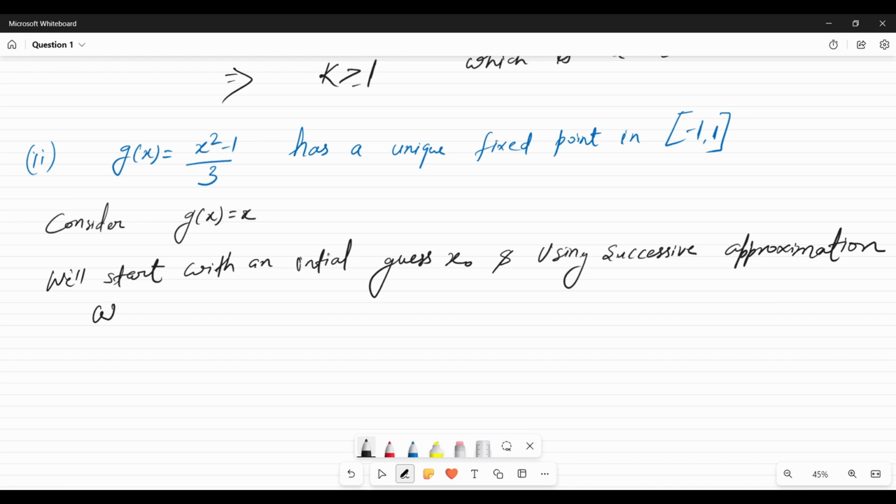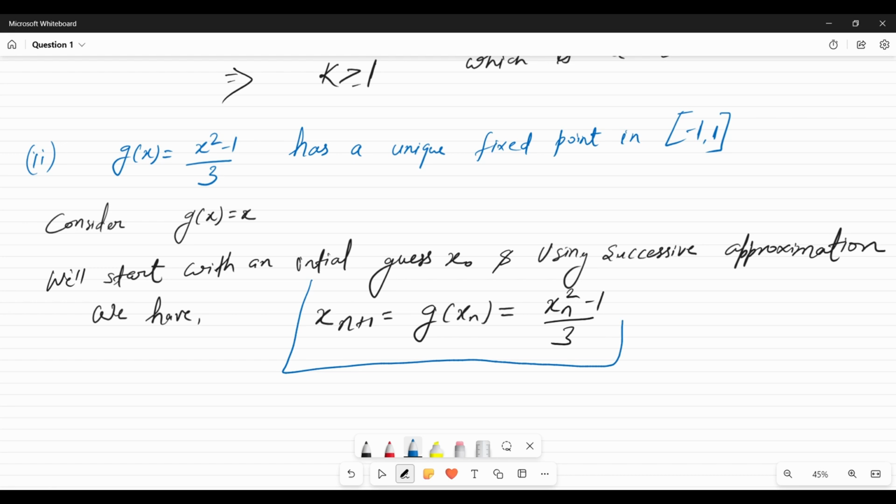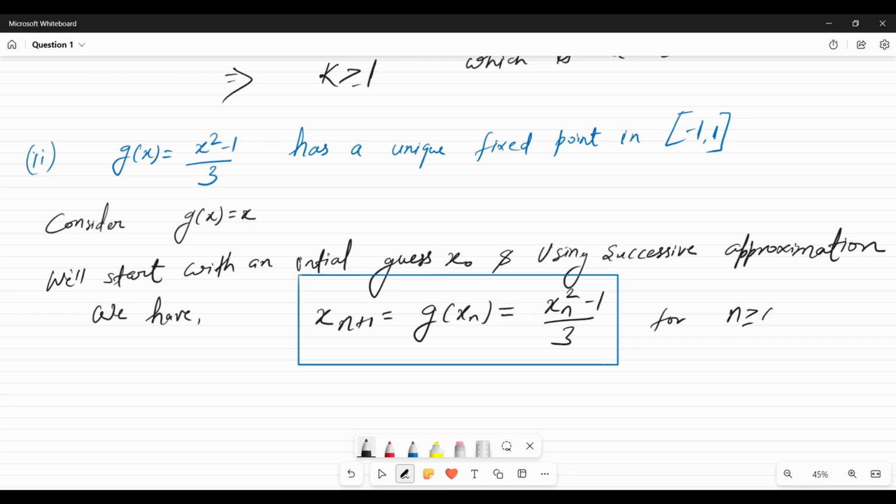We have x(n+1) is equal to g(xn), which is equal to (xn square minus 1) by 3, right, for n greater than or equal to 0.